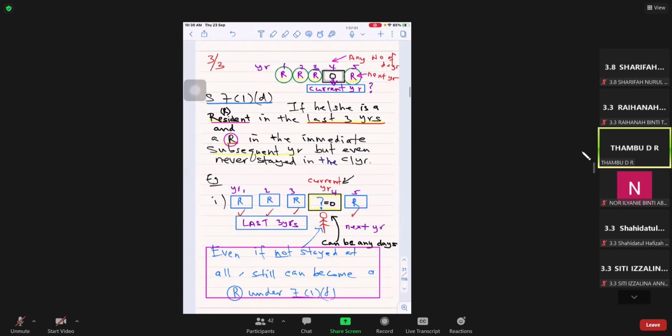Last 3 years resident, next year resident, current year, you will be a resident, even if not stayed at all. Now, until next year is ended, until next year comes to an end, I cannot decide year 4. So until year 5 comes to an end, year 4 will be non-resident, because I don't know.